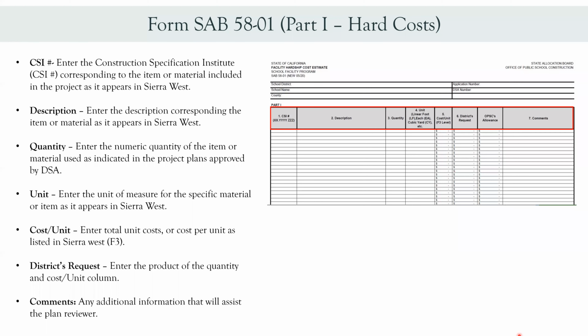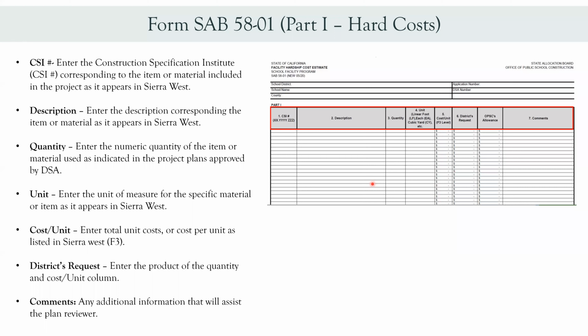So for part 1, it has 7 categories. On the first column, the CSI number basically is the CROS number. The second column is the description of the item or material that the district is requesting. The third column is quantity, the amount of the item you're requesting. For unit, it's the unit of measurement of that item.